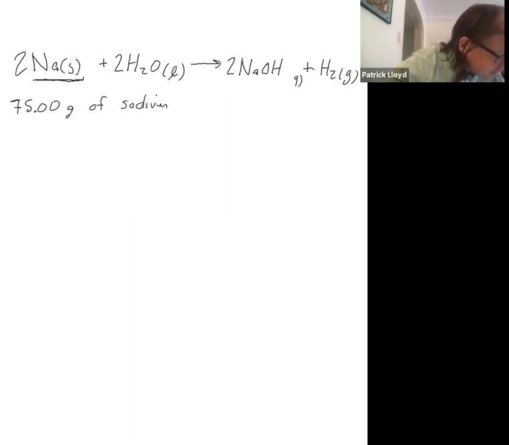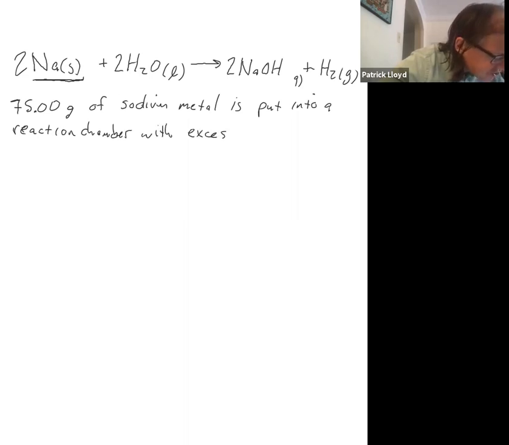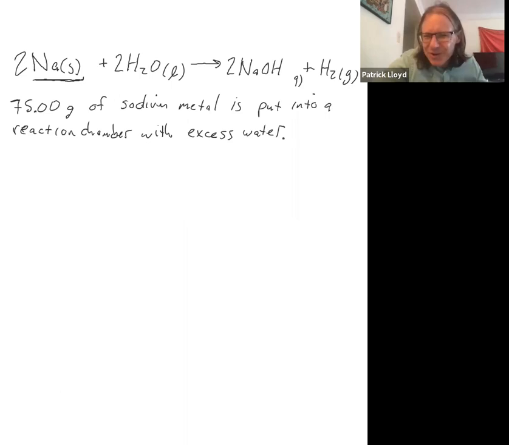So this solid sodium is a metal, put into a reaction chamber with, I'm going to use the term excess water. Okay, that's fine. Don't worry about the water. When it says excess water, essentially what that means is you don't have to do any calculations with the water in this case.